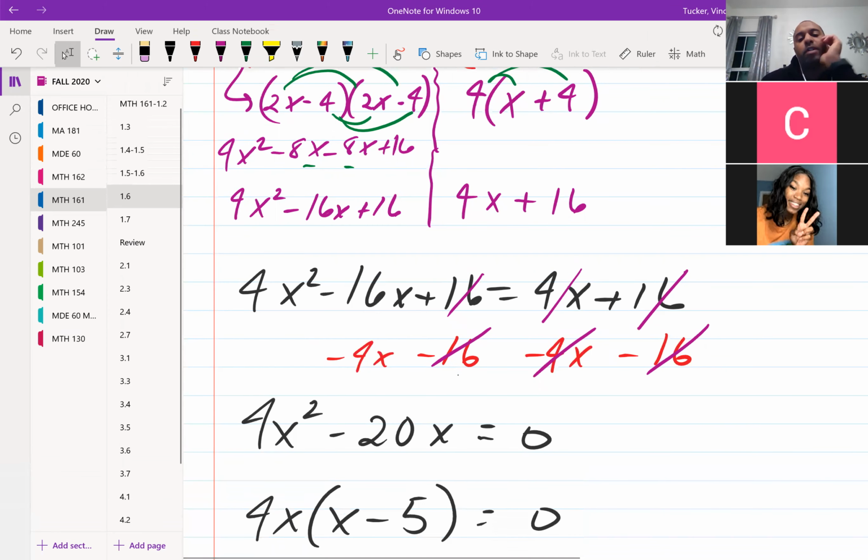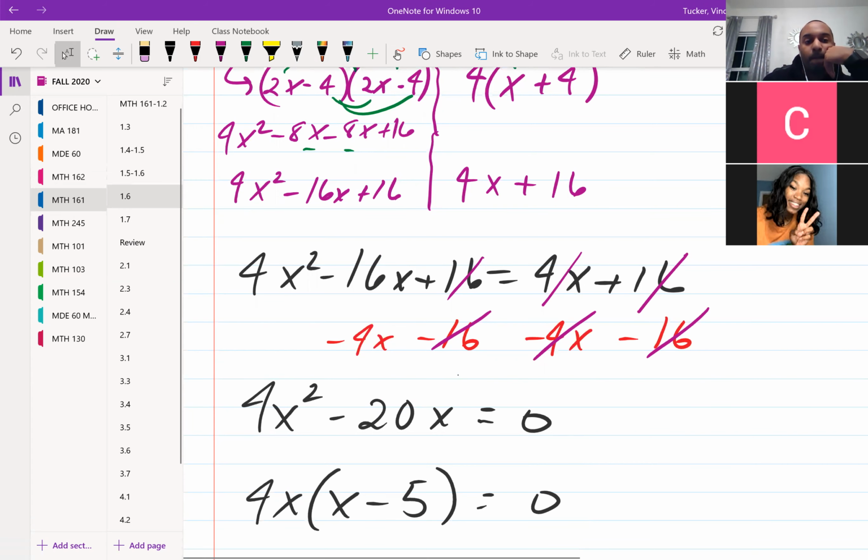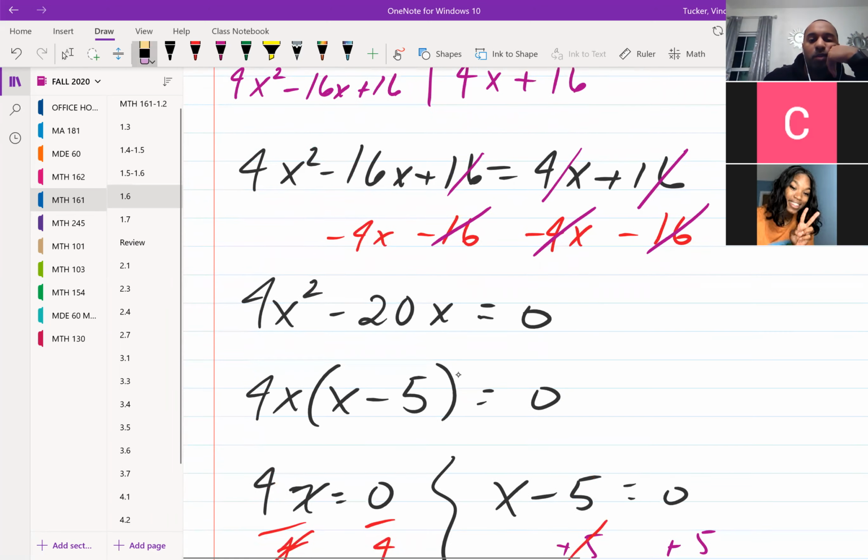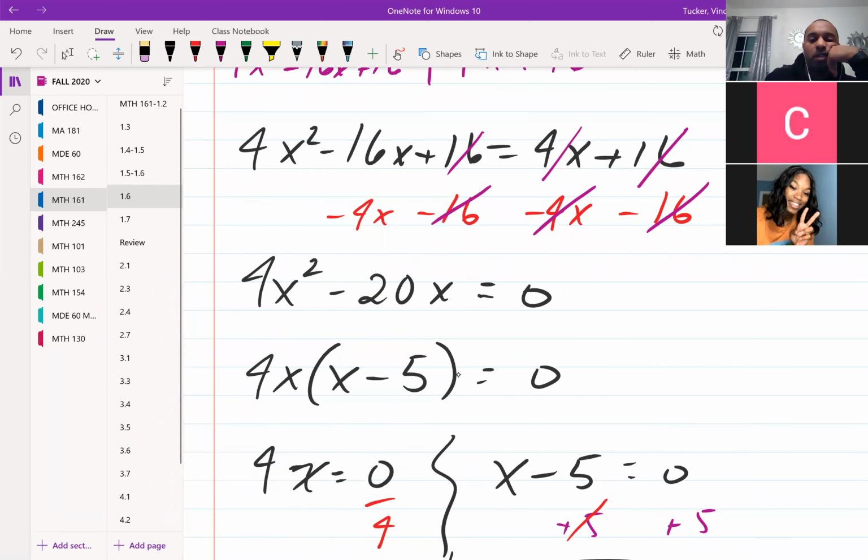So we can factor now. Factor out 4x from each term. That'll be 4x times x minus 5. Once I factor completely, set each part equal to 0.